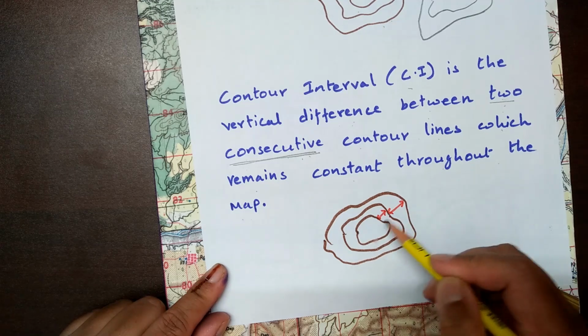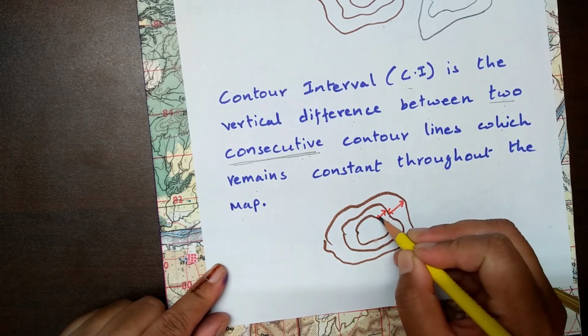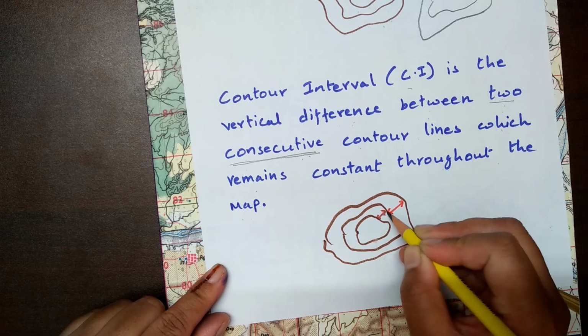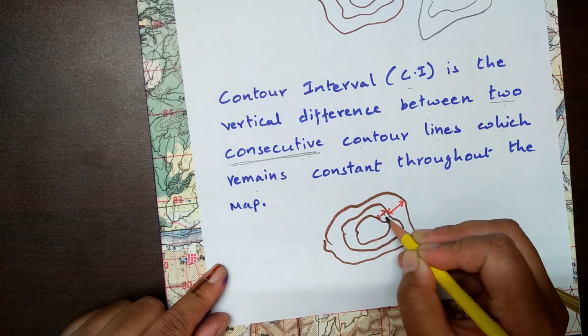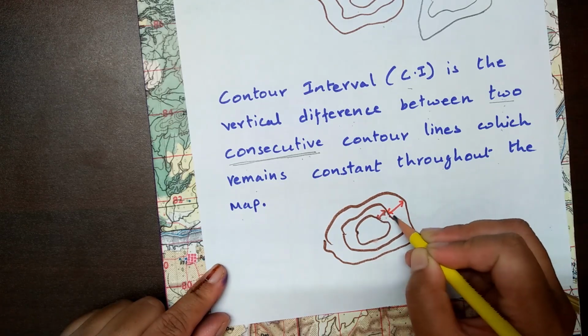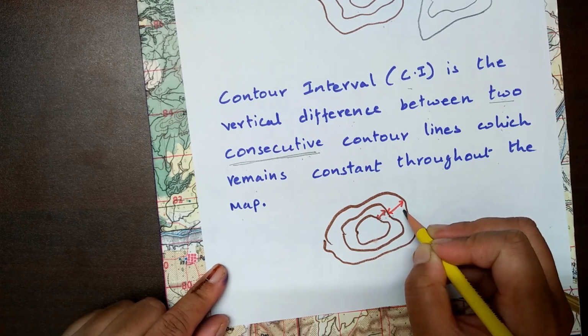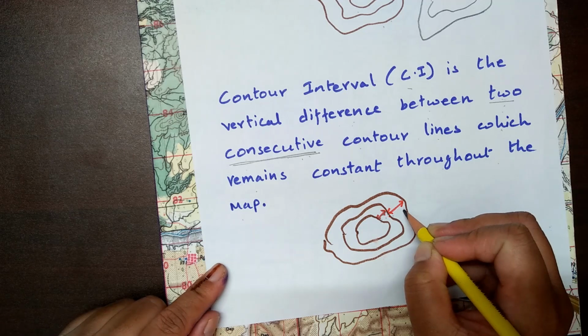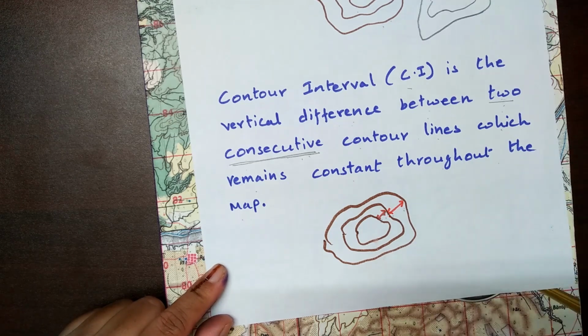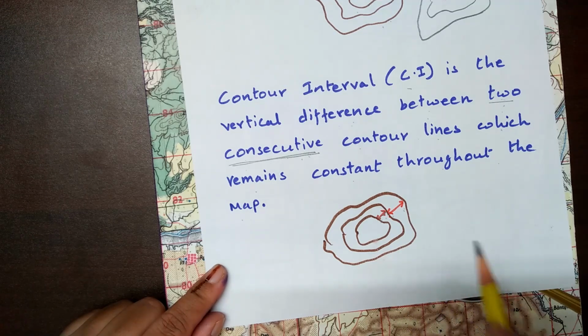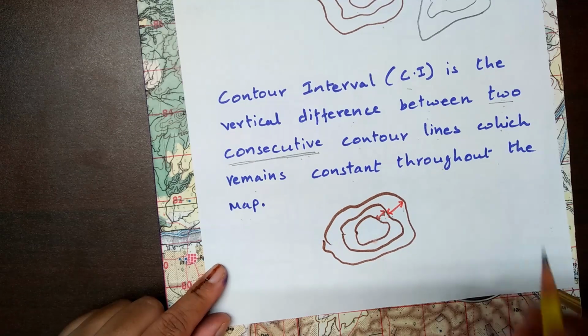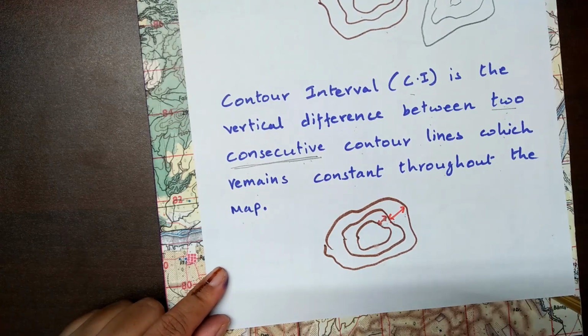See here, this is called contour interval. Contour intervals are always denoted by a unit, and in this reference map, it is meters.